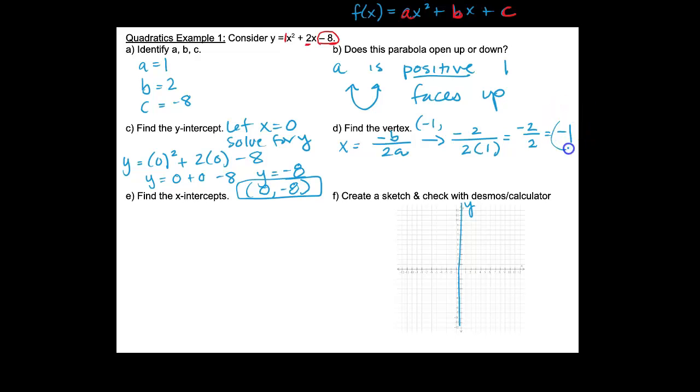And then we're going to plug this negative 1 in for x everywhere you see an x in the equation. So y equals negative 1 squared plus 2 times negative 1 minus 8. Now I'm going to work this out by hand, but keep in mind if you put this all in the calculator, you definitely want to make sure that you put parentheses around the negative 1, especially when you square it, because if you don't, you're going to get the wrong answer.